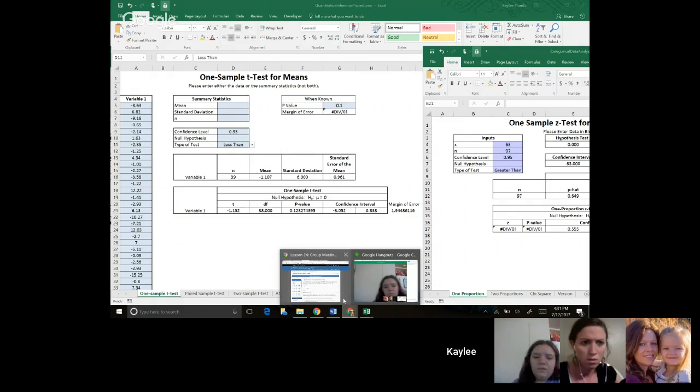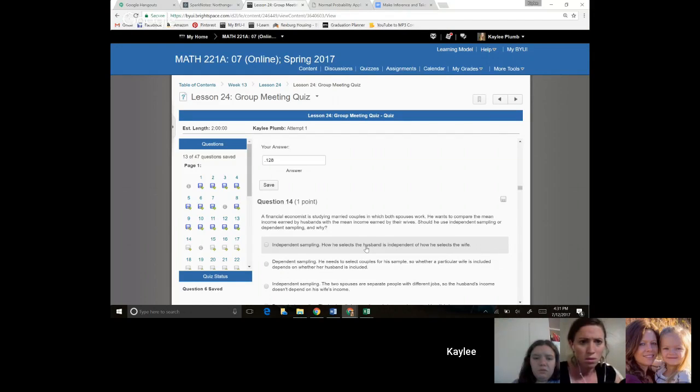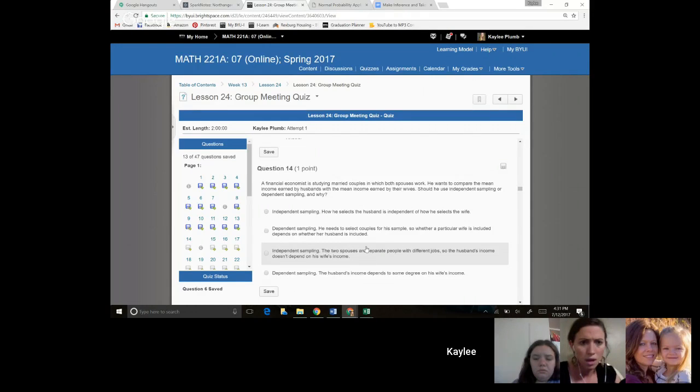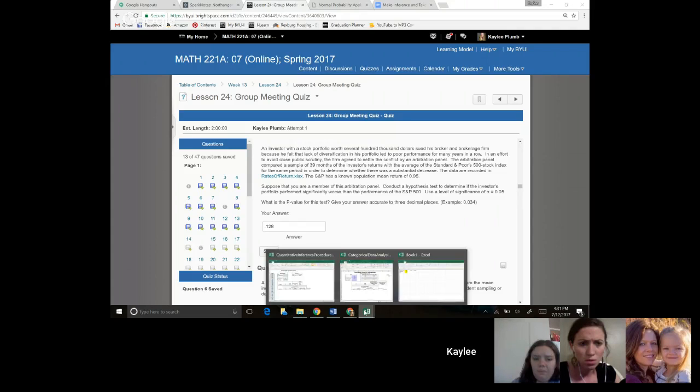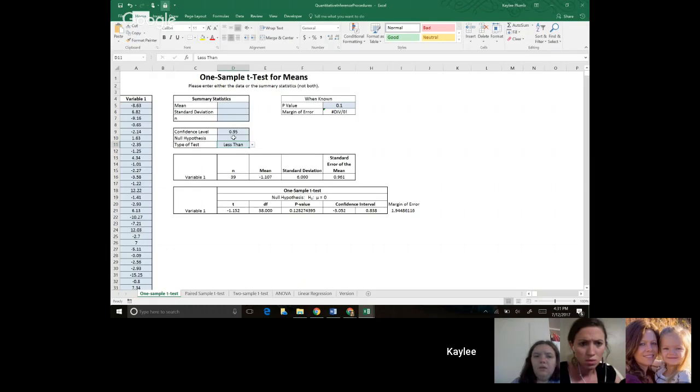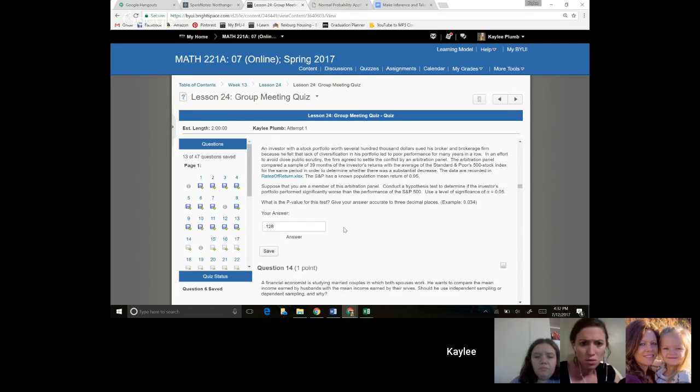Are you using one sample t-test? Yeah, one sample t-test. So you put the data in the variable one thingy and you had the confidence level at 0.95 and the null hypothesis at 0.95 and the type of test is less than? I didn't have anything in null hypothesis. Maybe that would change stuff though. Would you have a null hypothesis? Oh, okay, so I see what you're saying there.